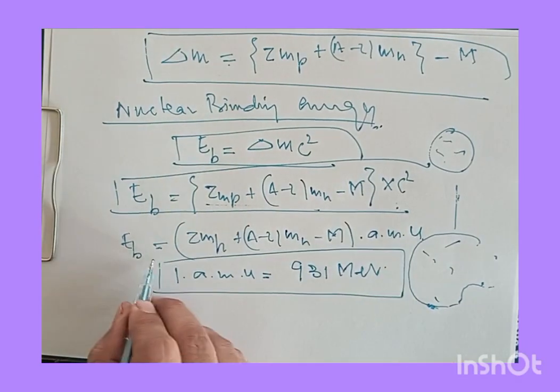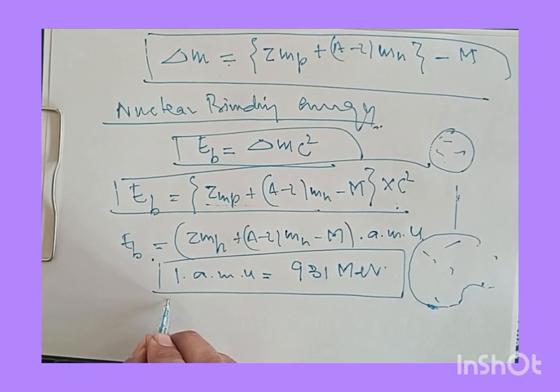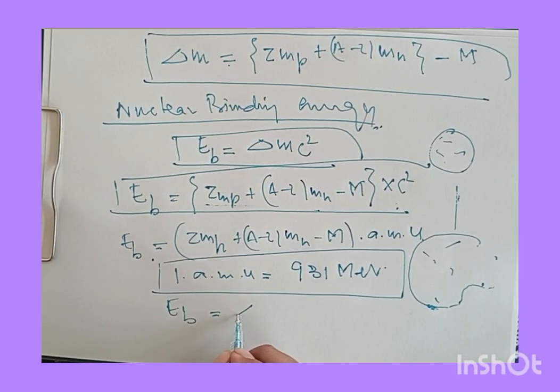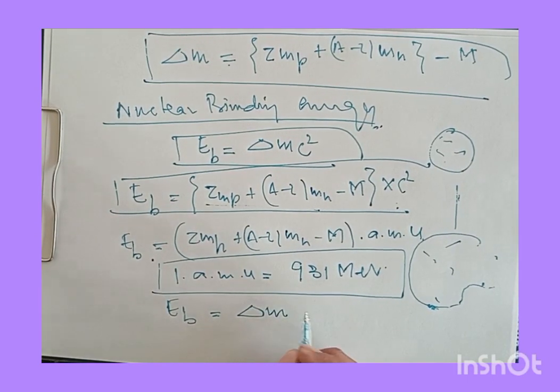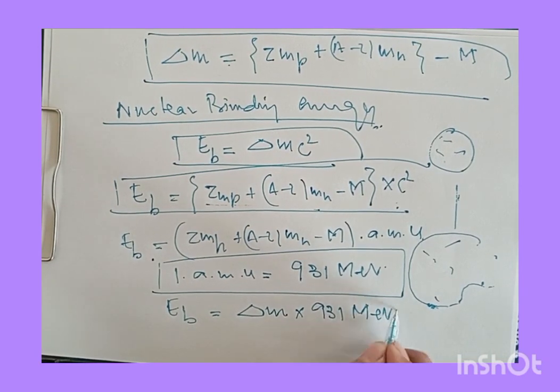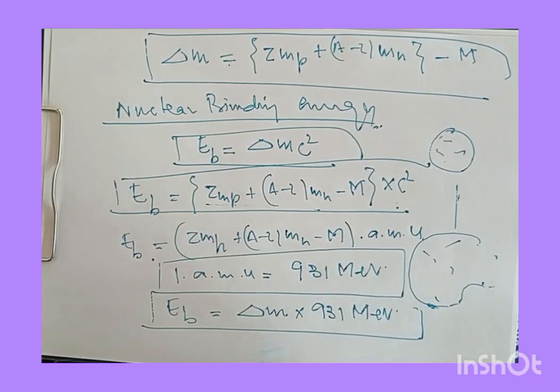So I can write down the binding energy of the nucleus as the mass defect times 931 mega electron volts for the nucleus that has been considered here. And this equation is giving me the binding energy of the nucleus.